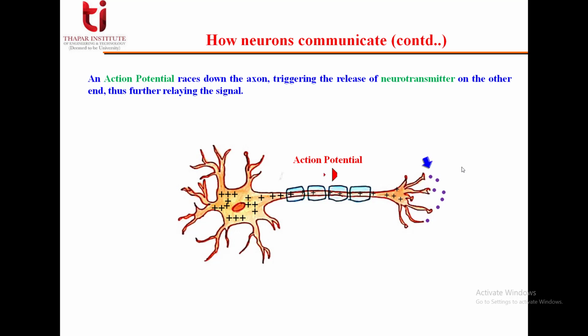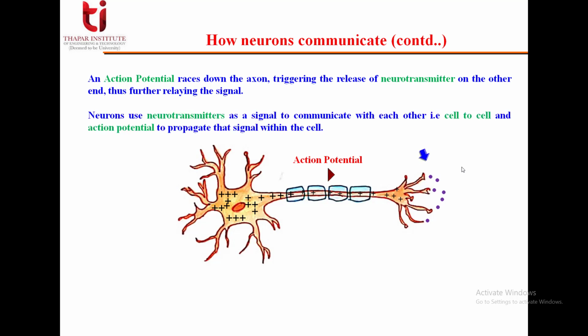So we can conclude that neurons use neurotransmitters as a signal to communicate cell to cell, and the action potential to propagate that signal within the cell. So this is how two neurons communicate with the help of resting potential, various ion channels, and the action potential.